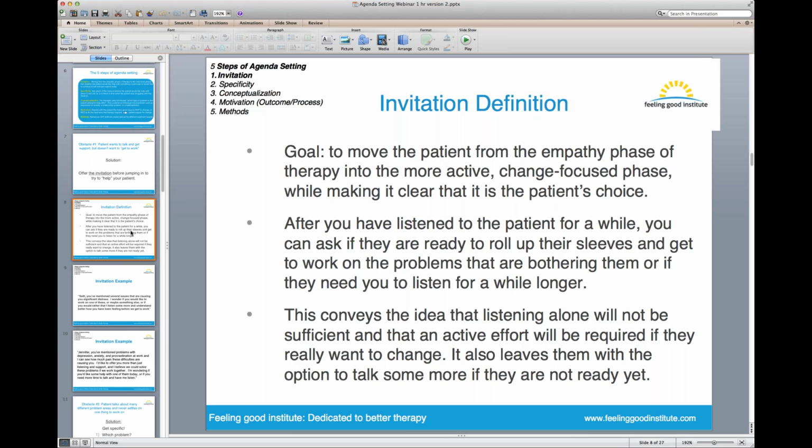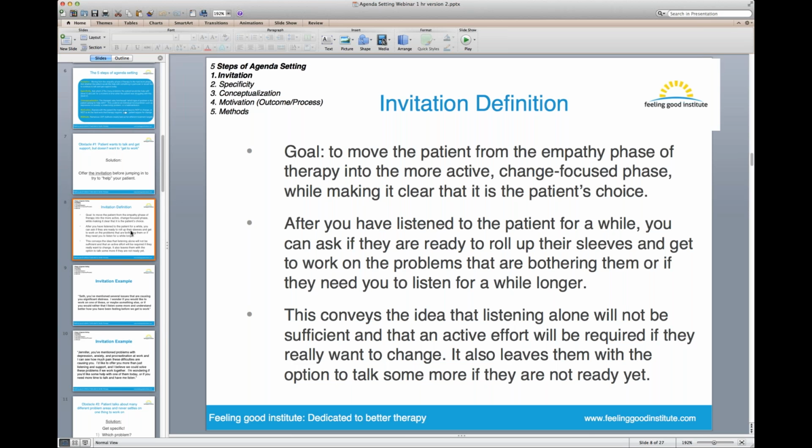The reason that we do this is because it conveys the idea that listening alone will not be sufficient. We're not just going to follow them around. At the same time, it conveys that an active effort on their part will be required, that we're going to need to get to work, but it also leaves them with the option to talk some more if they're not ready yet.